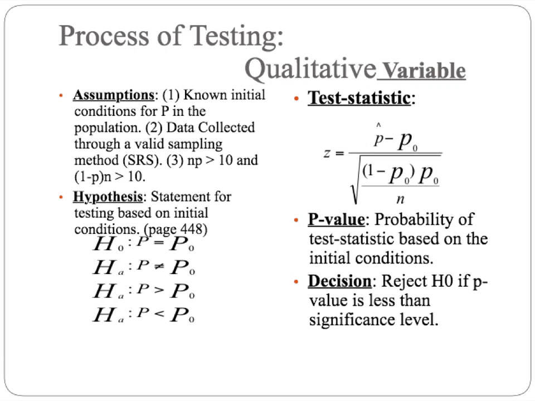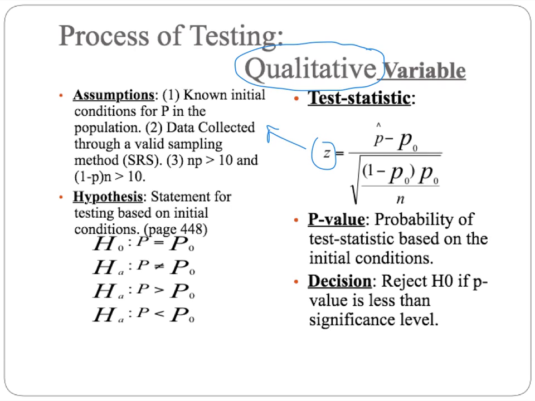So now we're going to be looking at a qualitative variable, right? These are all usually binomial variables. There are some assumptions for using the test statistic, the z-test statistic.